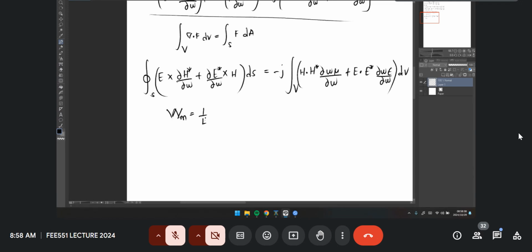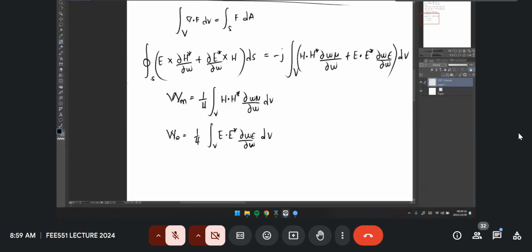It will be given by a quarter of V H, and the energy representing the energy in the electric field should be a quarter V dV.